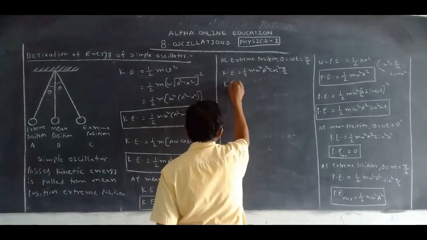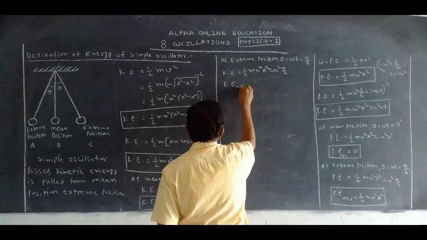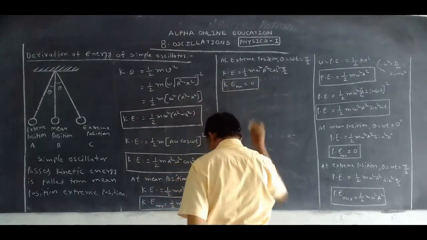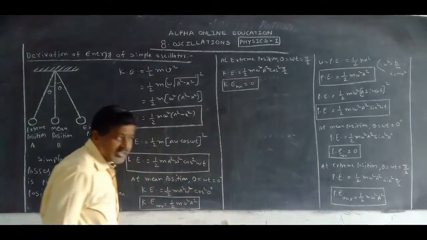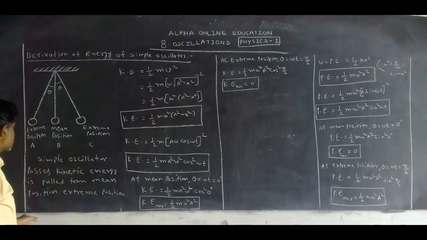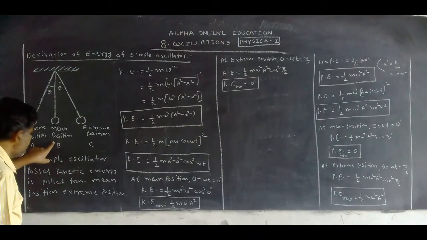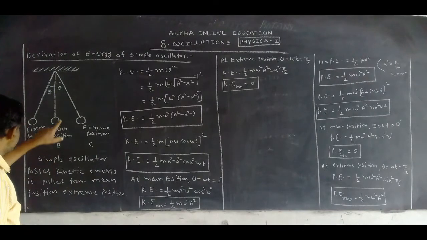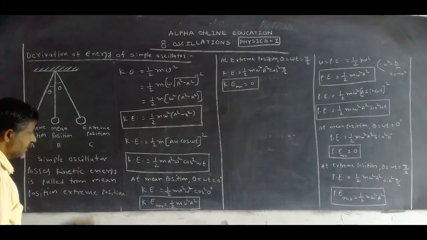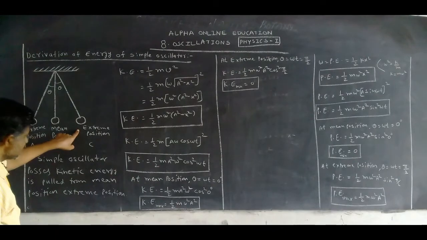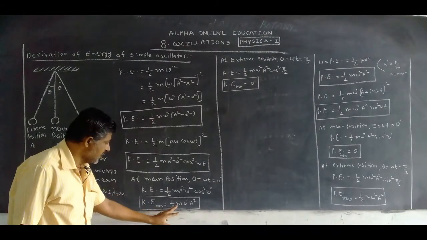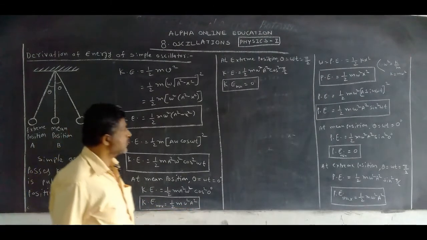Cos 90 is 0. That's why kinetic energy is 0. Means in case of a simple oscillator at mean position, kinetic energy is maximum. At extreme position, kinetic energy is 0. At this extreme position also, kinetic energy is 0. But at mean position, what is the kinetic energy? Maximum. How much? Half m omega square a square.